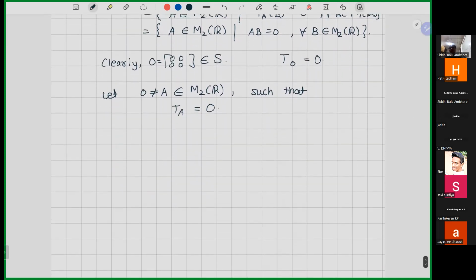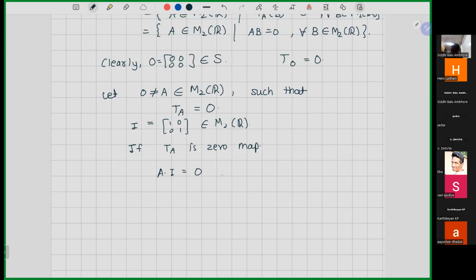Okay, so suppose that this A is a non-zero matrix, and we know that the identity matrix I belongs to M2R. So if TA is the zero map, then A times identity will be 0.